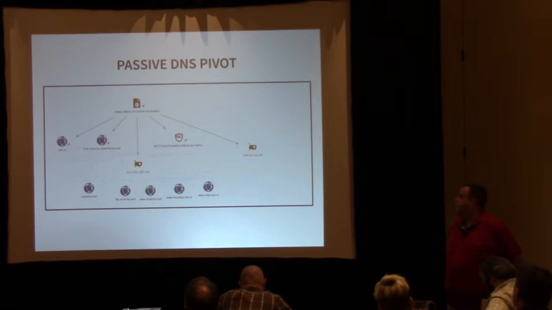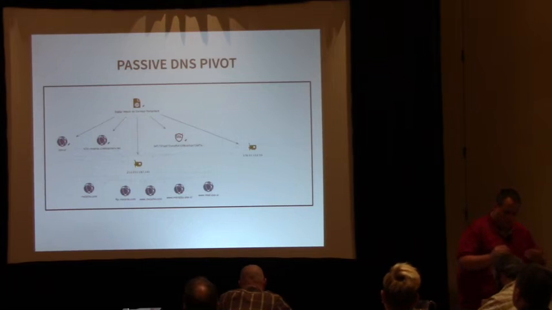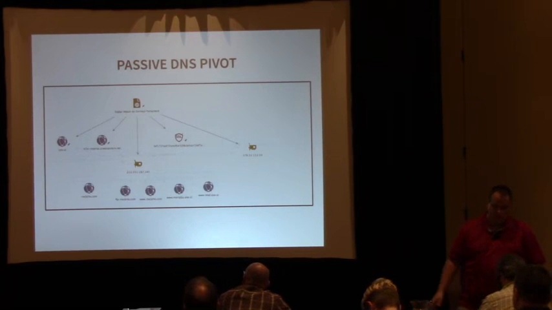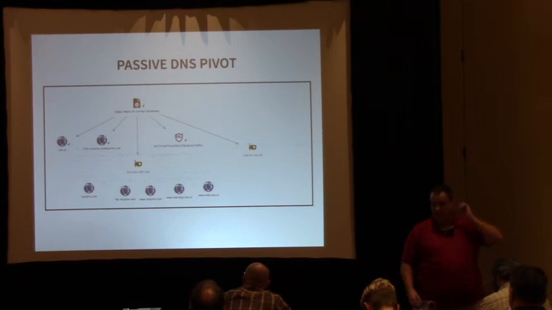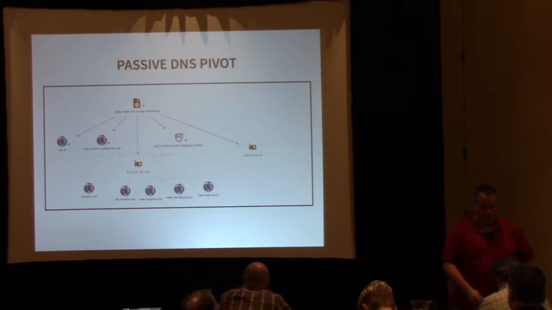So if we take the domains that were provided and we pivot on them, we get that QAB.al pointing to this one IP address that was in the report, and then we find 5 more IP addresses. A couple of them, again, are QAB.al, so obviously it would appear some sort of targeting on the Albanian government.